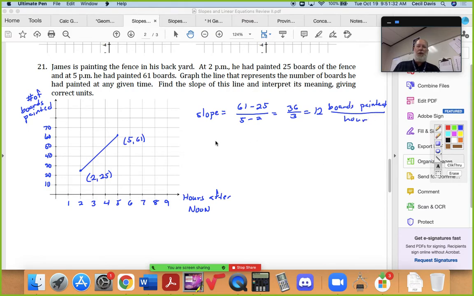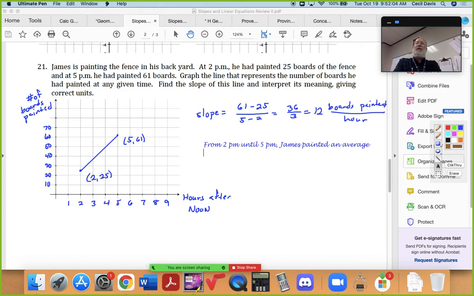So for your interpretation, it should be something like this. From 2 p.m. until 5 p.m., James painted an average, and I noticed a couple of you are putting at a constant rate. We do not know that. We can't know that it's constant.